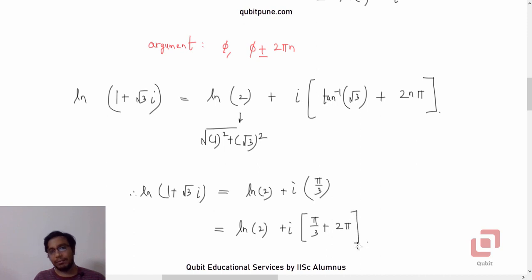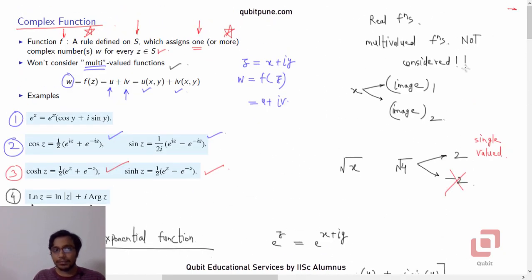Now from the equality of complex numbers, we know that these two numbers are not equal because their imaginary parts are not equal. But still, both are what you have got as the output complex numbers when you input 1 plus root 3i in the logarithmic function. So this is why we say that complex functions may be single valued or may be multi-valued.